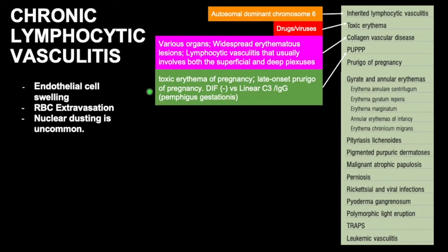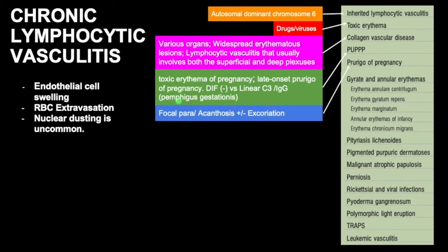In this lesion, you see late onset prurigo of pregnancy, and usually the DIF is negative, versus pemphigus gestationis, where you see linear C3 and IgG. In prurigo of pregnancy, like the prurigo we see outside pregnancy, you will see parakeratosis, but focal.